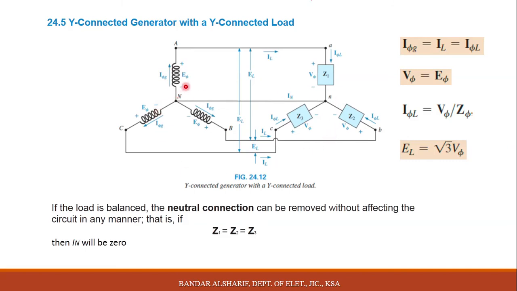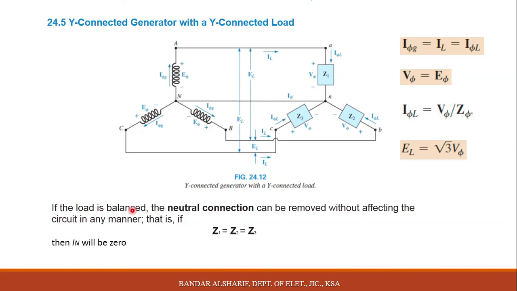You can see here, this is the voltage phase in the source, this is the current phase in the source, this is the voltage phase in the load, this is the current phase in the load, and in between there is the voltage line, between line and line. We connect the voltmeter here.